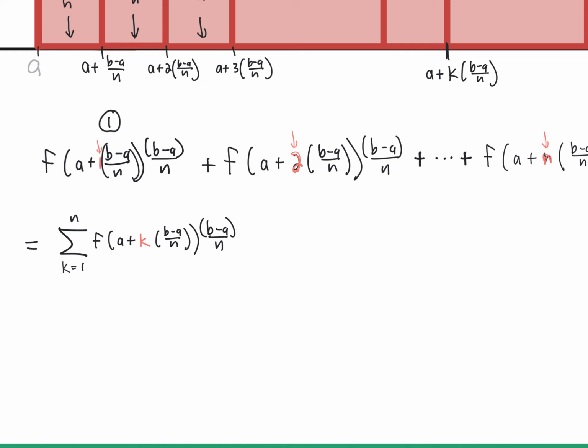Okay, and the way summations work is, this is the lower limit, this is the upper limit of the summation, and you plug in the lower limit, and then plus, and then plug in every whole number up until you get to n, and that's what this is up here.